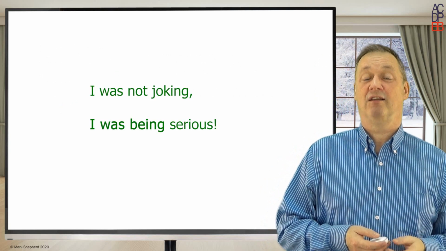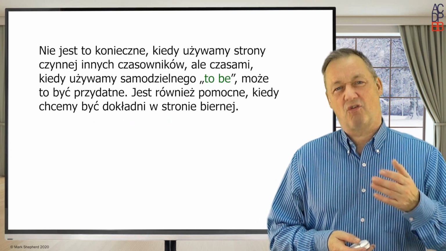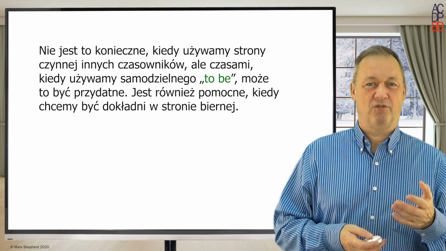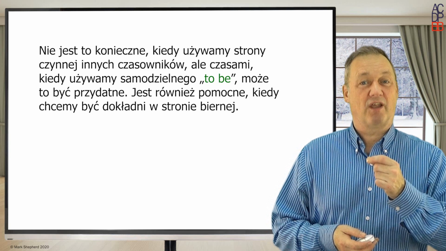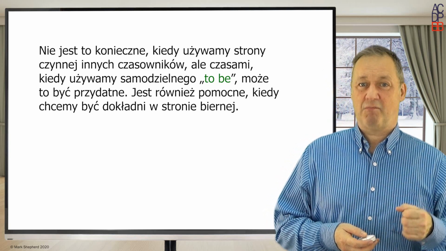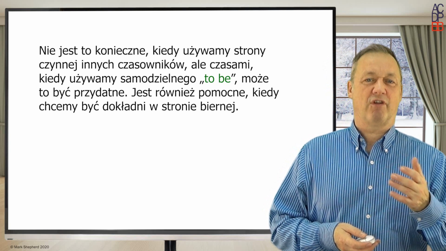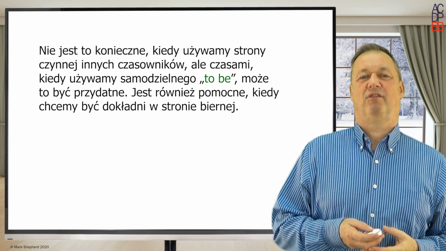I was being serious. Now, it's not really necessary when we're using the active voice in other verbs, but sometimes if we're using to be by itself, it can be useful. It's also often helpful when we want to be precise in the passive.